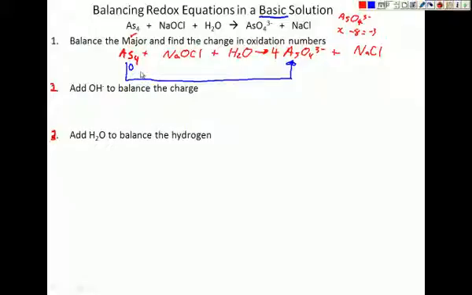It's going from 0 on this side, and then when it changes, it goes to 4 times plus 5, which is 20, and so the change in oxidation number increases by 20.